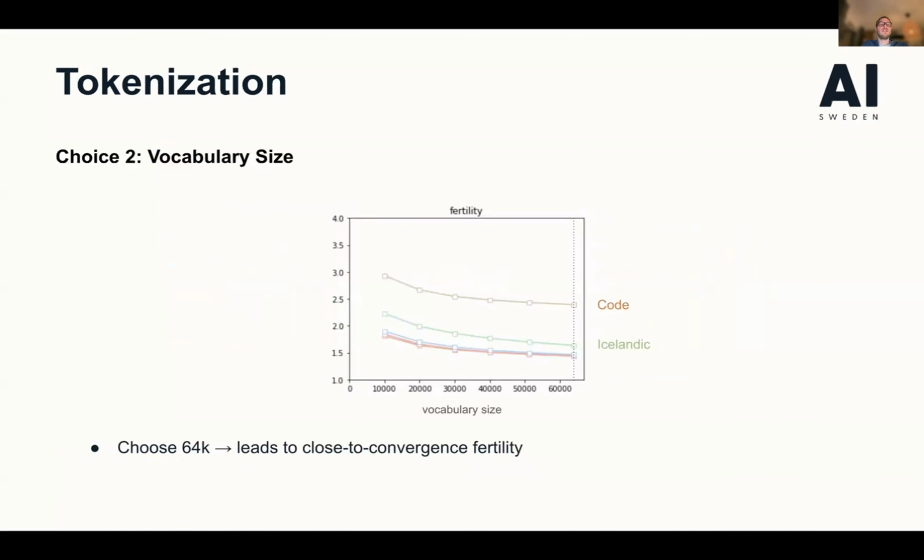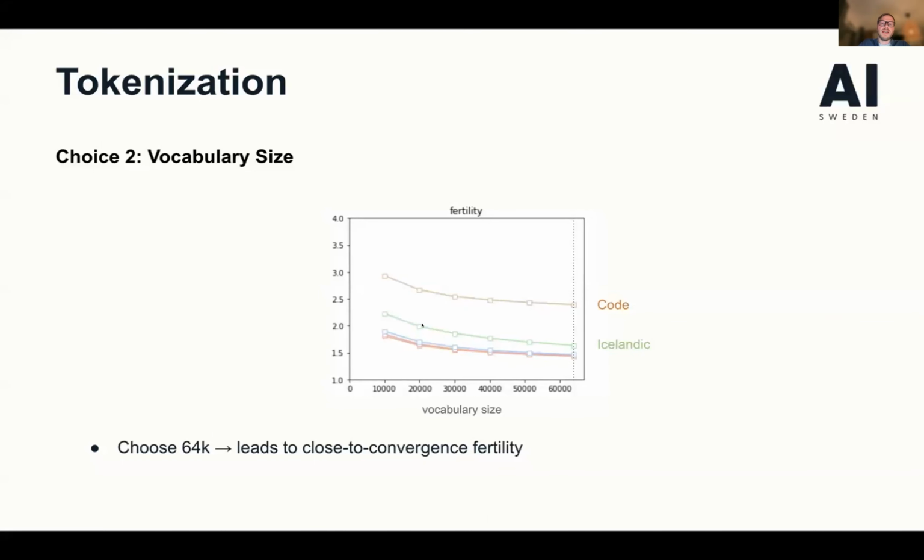And the second choice that you have that governs your tokenizer and its performance is the vocabulary size. Here we applied several tokenizers with different vocabulary sizes on our data for the different languages and computed the fertility. So you see in this plot on the x-axis the vocabulary size and on the y-axis the fertility, and as a reminder, lower is better.